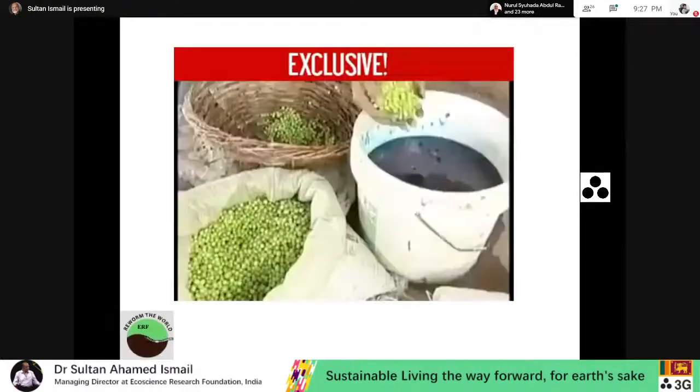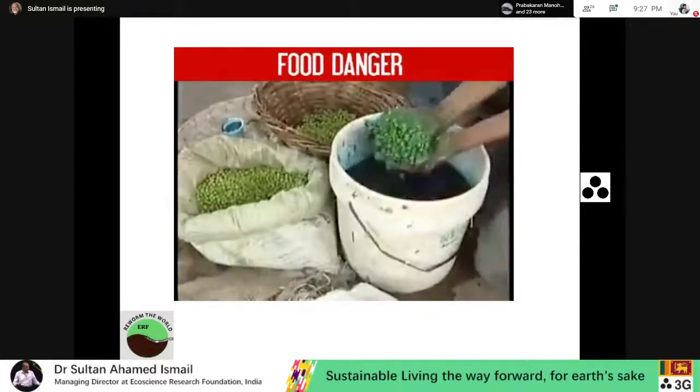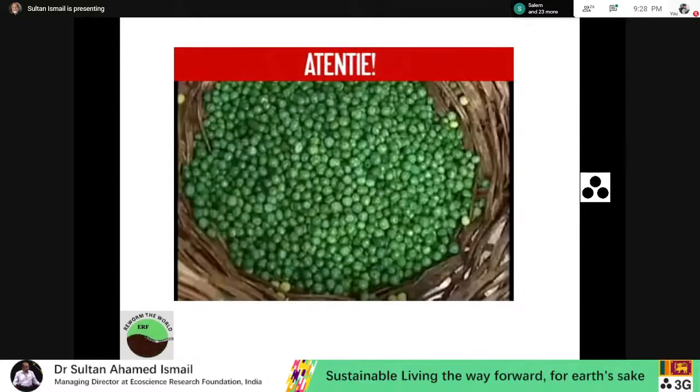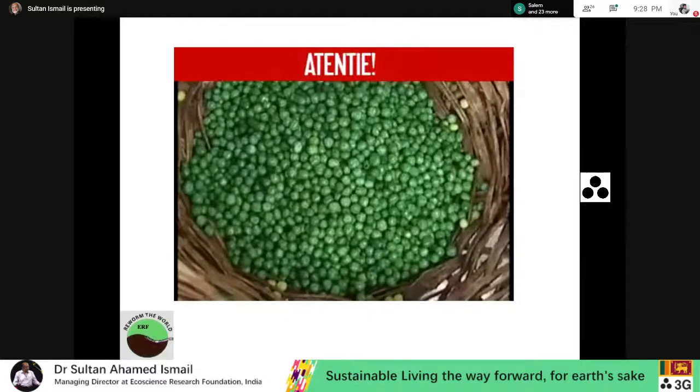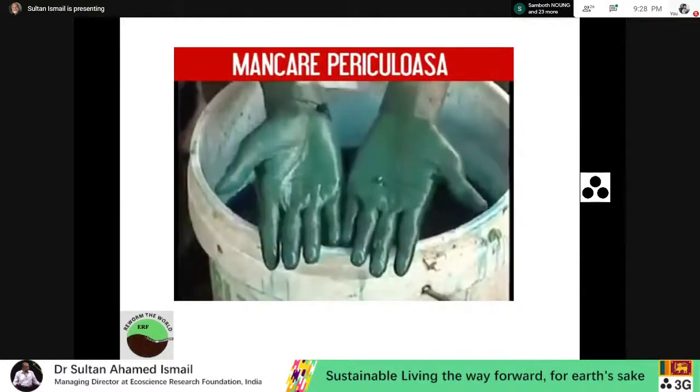Understand that most of the peas in Asian countries, which are peeled and sold in the market, are colored. So what are we eating? Look at the color which is being used. All sorts of colors are being used so that people can consume, right?